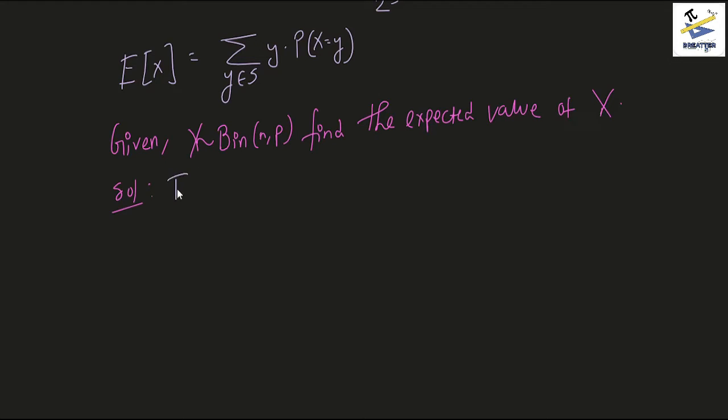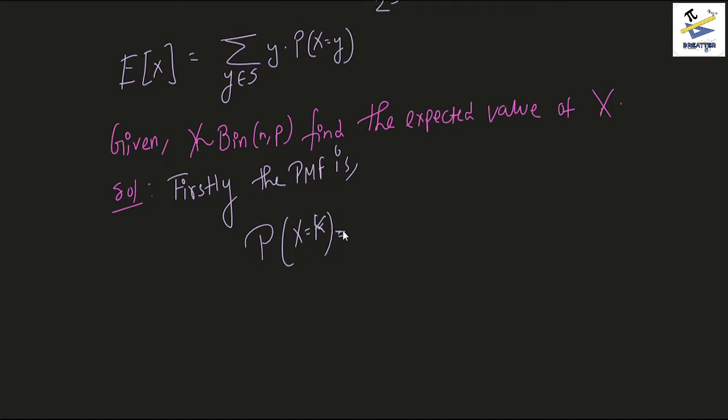So firstly, we need to find the PMF because the probabilities are required in order to find the expectation. So firstly, the PMF is probability of x equals k. See, the PMF is basically a way of defining all the probabilities associated in a single pattern, right?